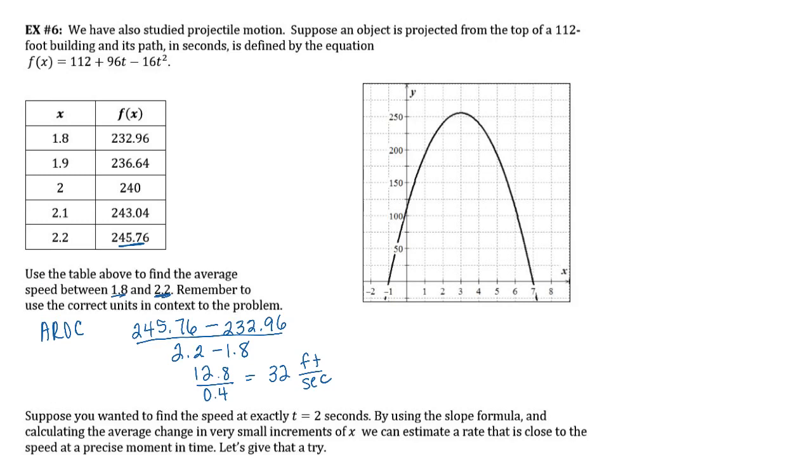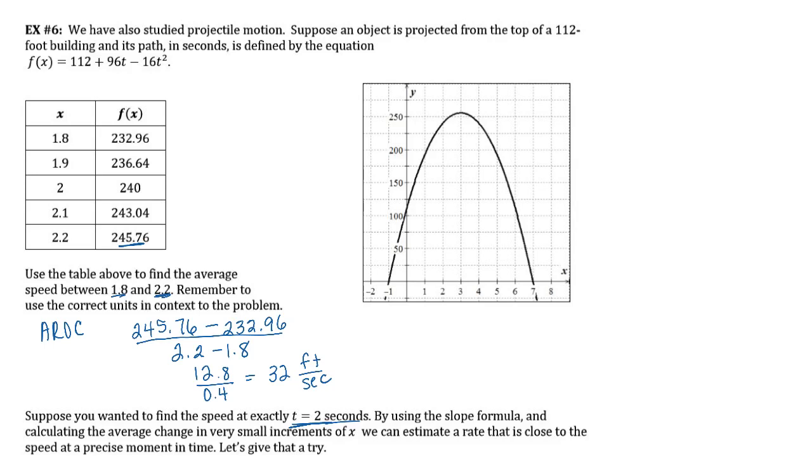Wow. Okay, so that's a pretty good idea there. That's pretty sweet. All right, now let's look at the bottom part here. Suppose you wanted to find the speed at exactly 2 seconds. So here we go with this exactly business. So I need to find the speed at exactly 2 seconds. Okay.